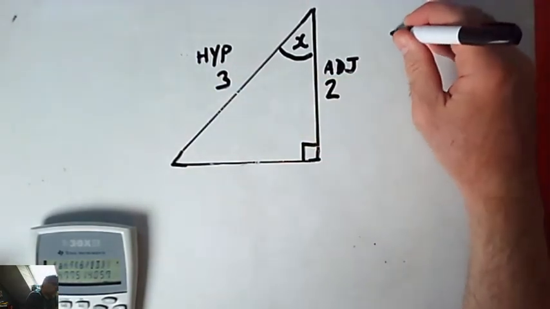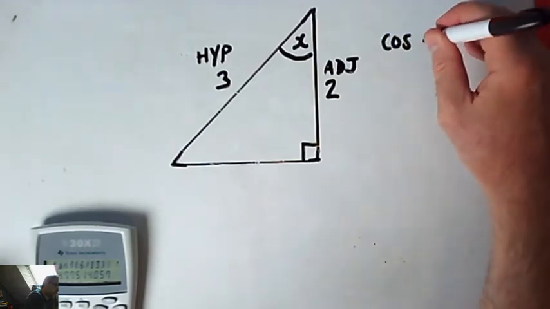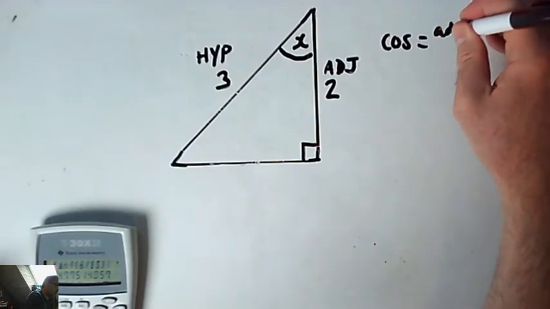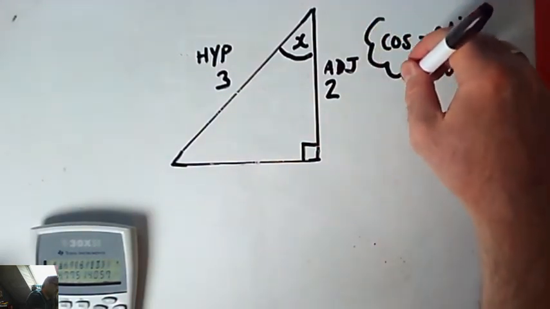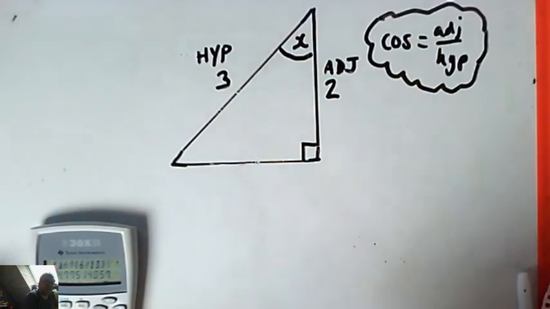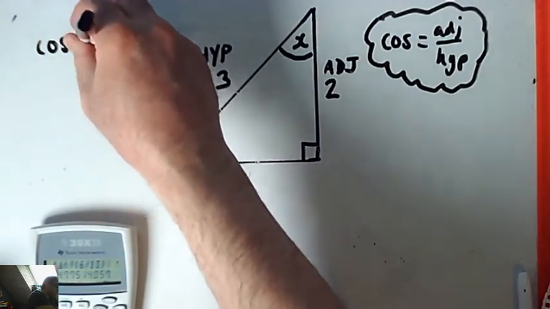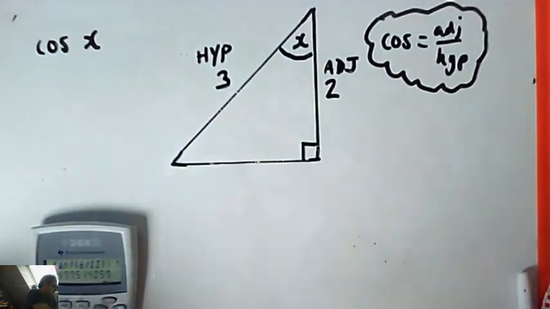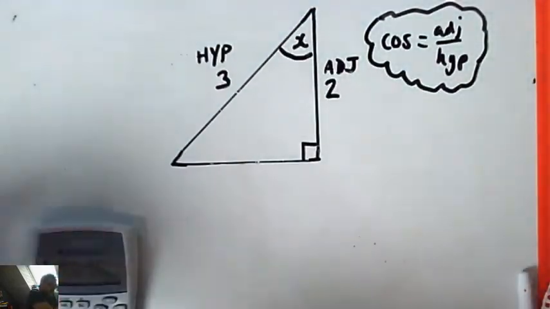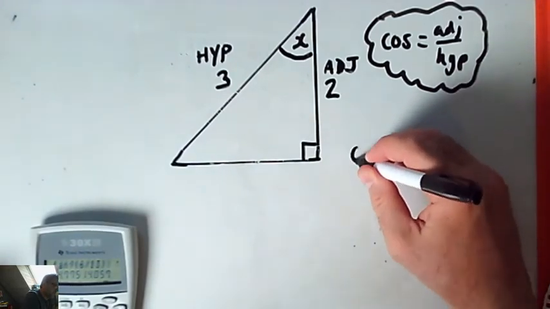So let's just remind ourselves of that. That's cos. Cos equals adjacent over hypotenuse. That's the trig ratio that we are going to use. So in this particular case, let's do it over here. Maybe I won't do it over there actually, because I think I've got more space over here.